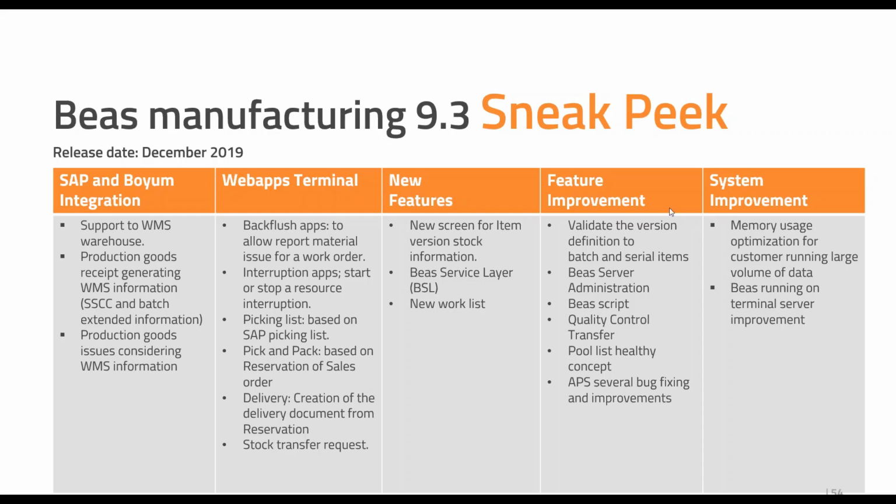The Beas service layer, which I mentioned before, is the connection between Beas and the outside world, much more integrated and using the latest technology, so it makes it easier, faster, more reliable. And a new work order list. We'll show you that. Feature improvements.